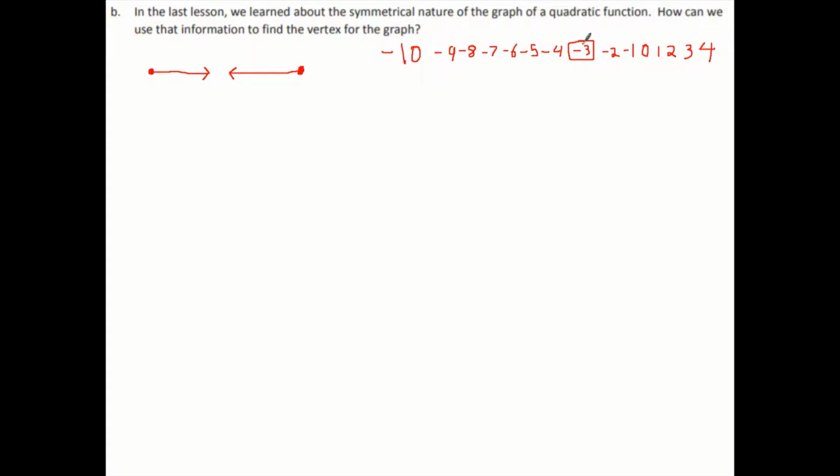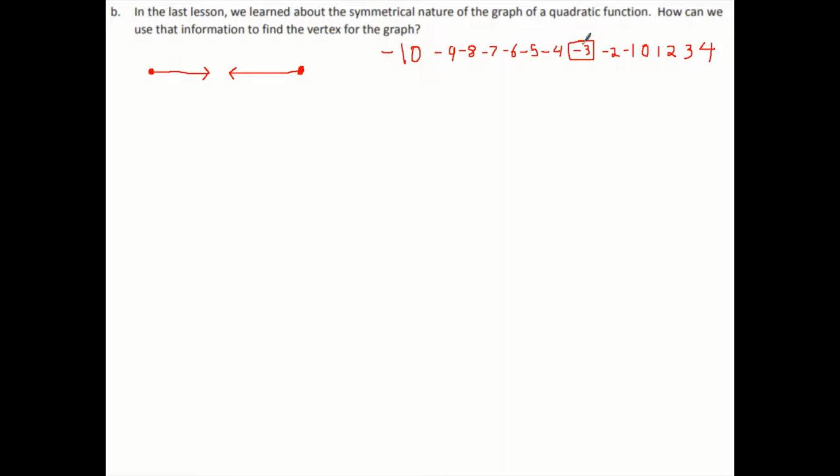But how does that help me? I need my full value for my vertex. Knowing that x is equal to negative 3 only really gives me my line of symmetry. It doesn't actually give me my vertex. Lucky for us, however, we know what our equation is.